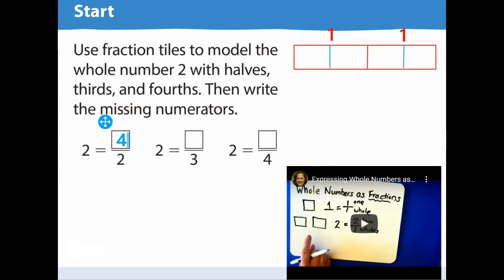okay? Then it says to divide each whole into thirds. So I'm going to do that. Something like that.